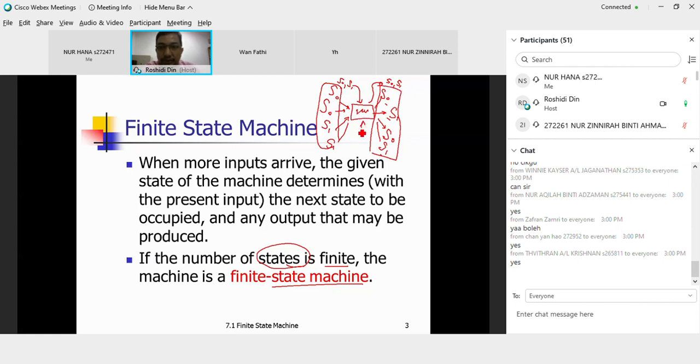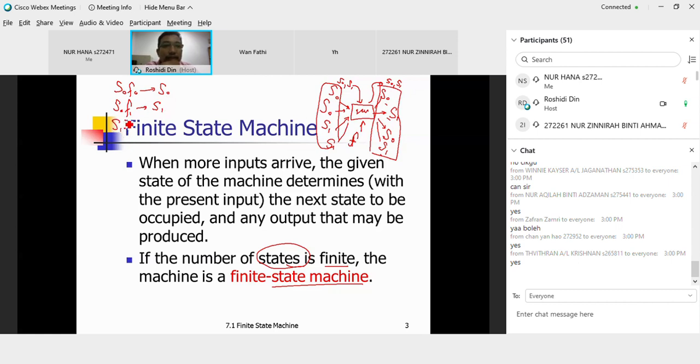This process is represented by a function. So we summarize this idea: if we have S0 and F0, the output may be S0. S0, F1, the output will be S1.